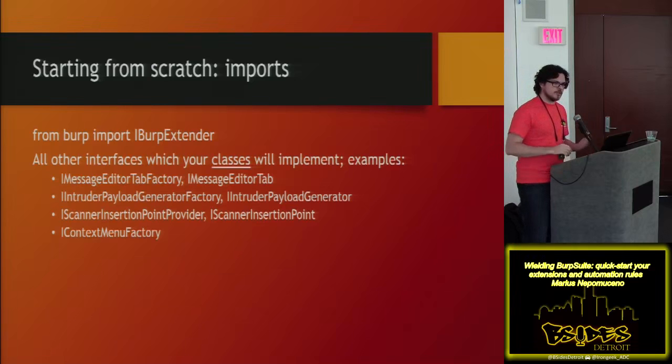Scanner insertion point interfaces allow you to customize the scanner to run additional scans or use specific parameters for scanning. The context menu factory allows you to modify BurpSuite's existing right-click menu to add items that you want, to execute custom actions and things like that.